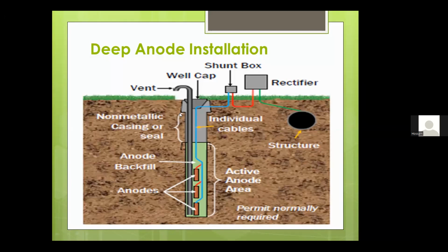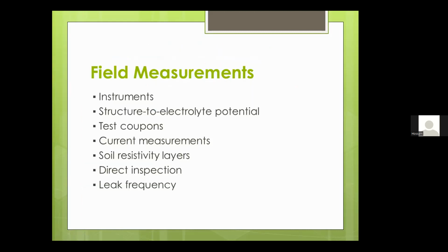Here is the non-metallic casing. Also, all anodes are connected to this positive junction box to be able to measure the output of every anode. And the structure is connected to the negative terminal as usual.